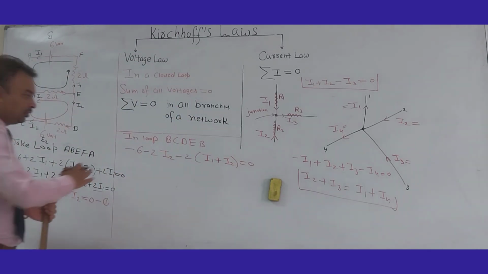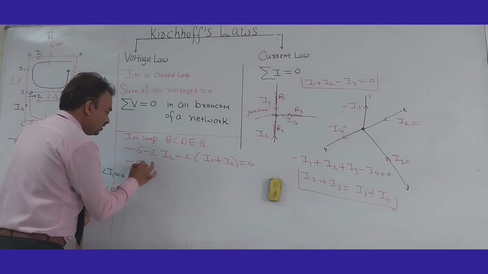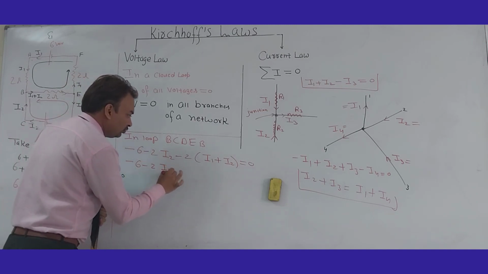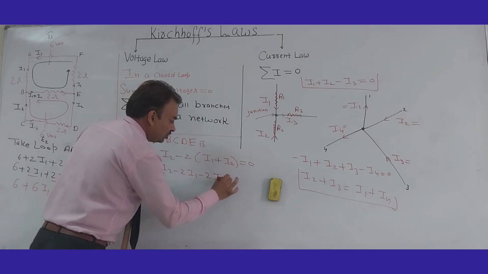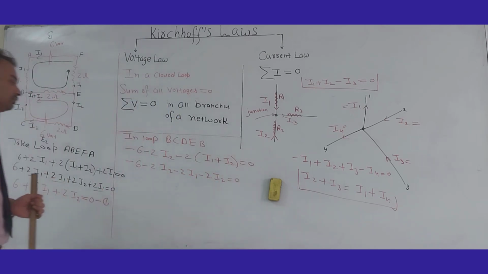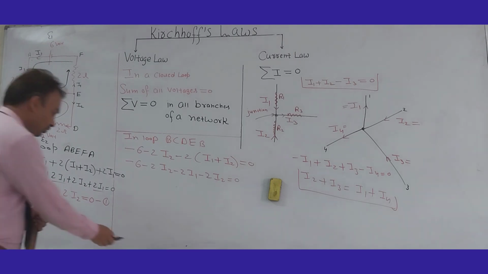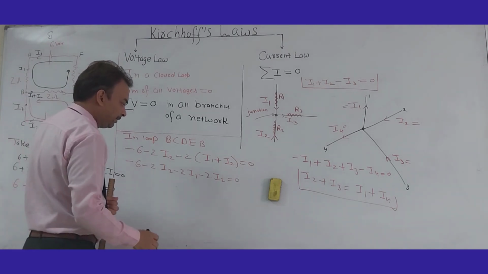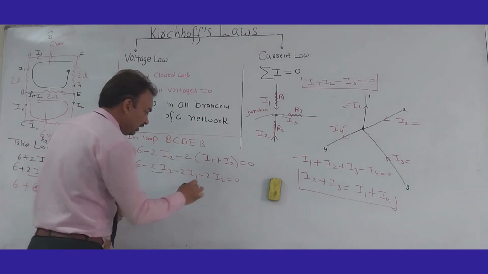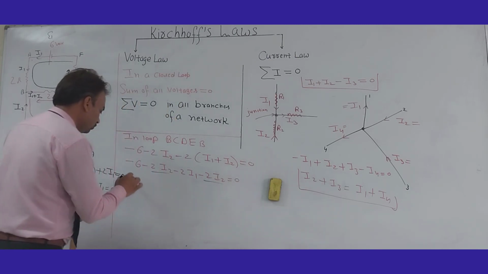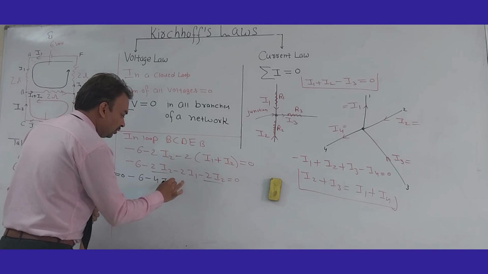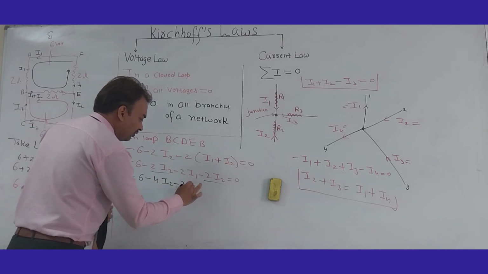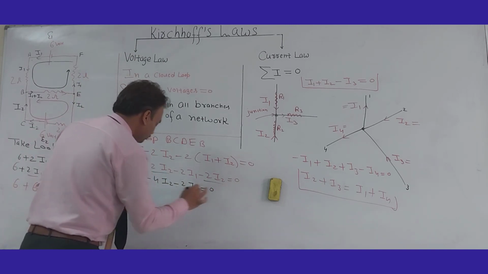Now we just solve it. Minus 6 minus 2I2 minus 2 times I1 minus 2 times I2 is equal to 0. Check for I2: this is 2I2 and this is again 2I2. So minus 6 minus 4I2 minus 2I1 is equal to 0.